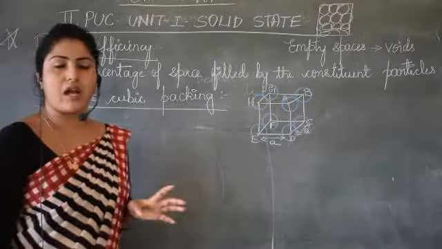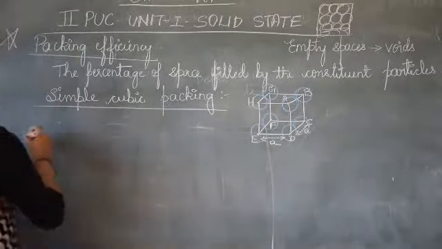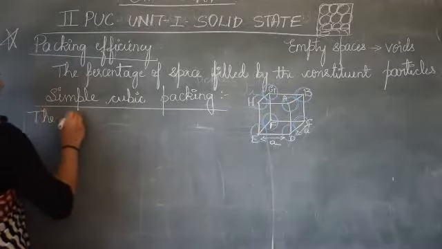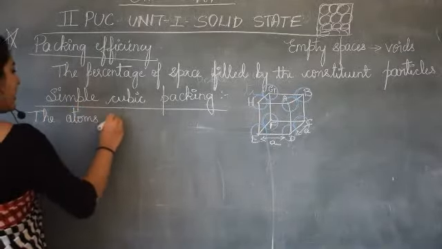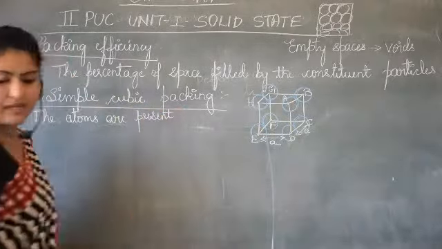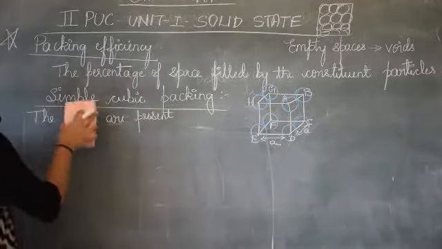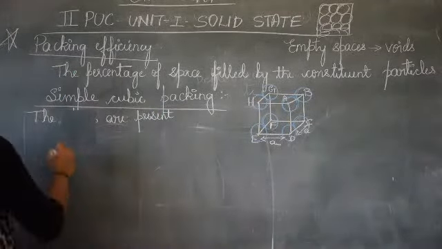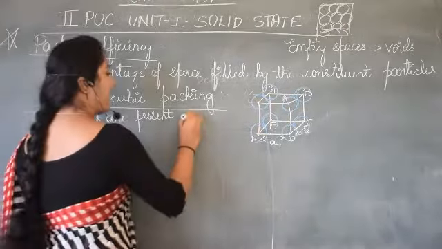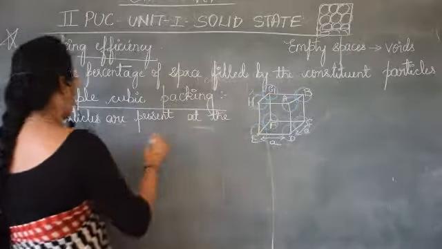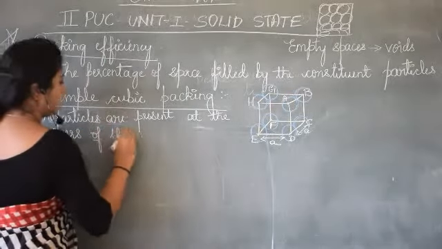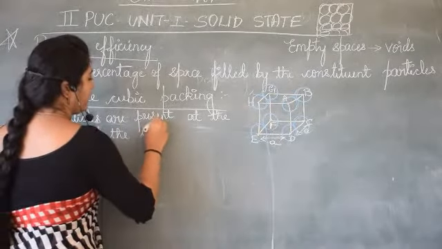So before starting, how do we say? We say that in a simple cube, the atoms are present, or rather than mentioning atoms, we generally consider the particles are present at the corners of the unit cell.